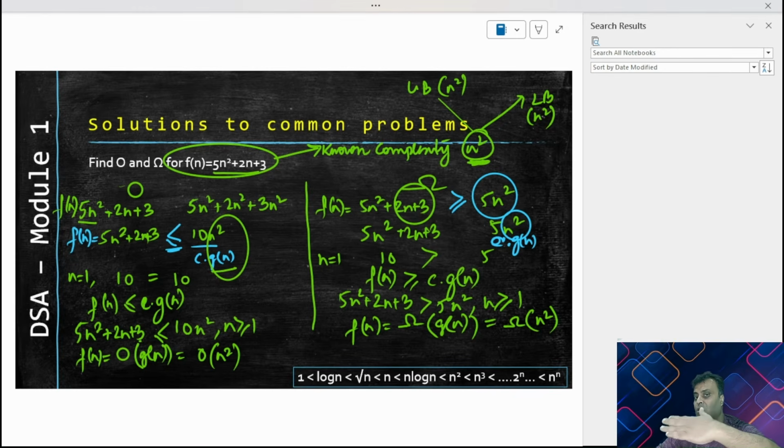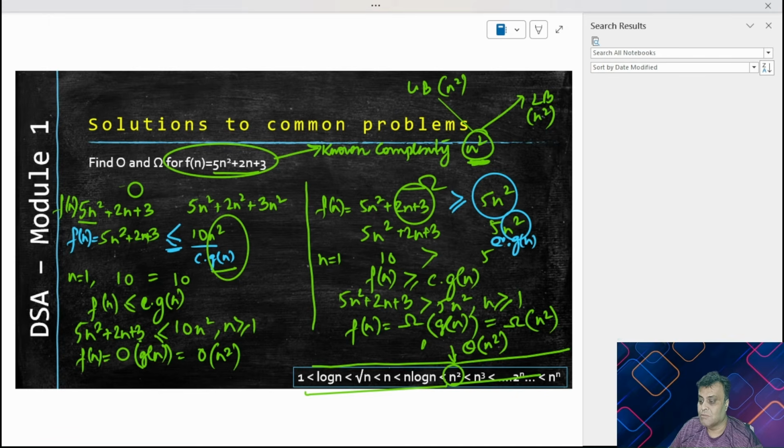The upper bound and lower bound will coincide with the main function. Because n square is the upper bound and n square is the lower bound, this also becomes theta n square as the tight bound.